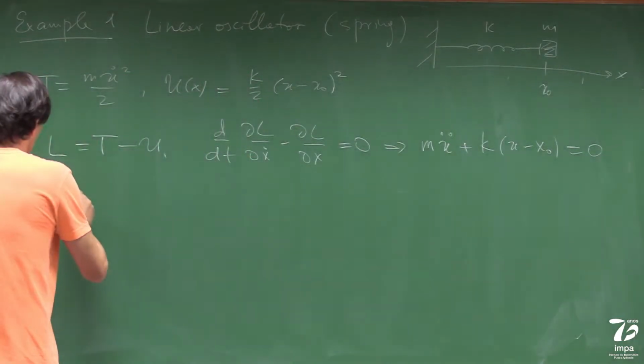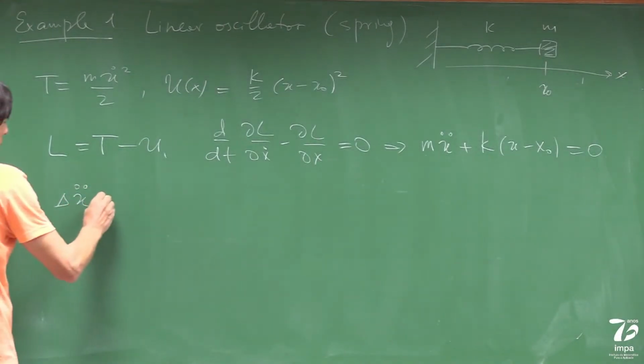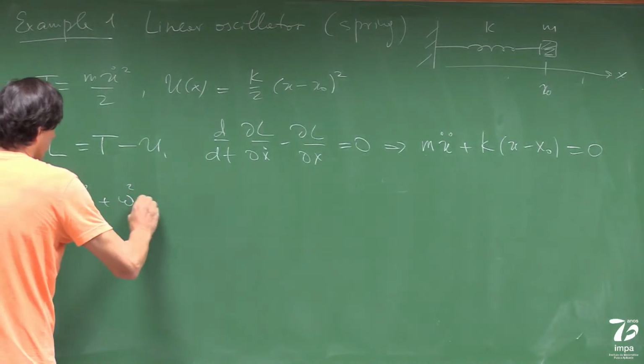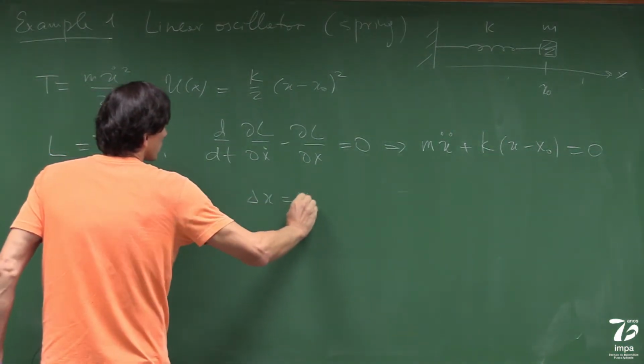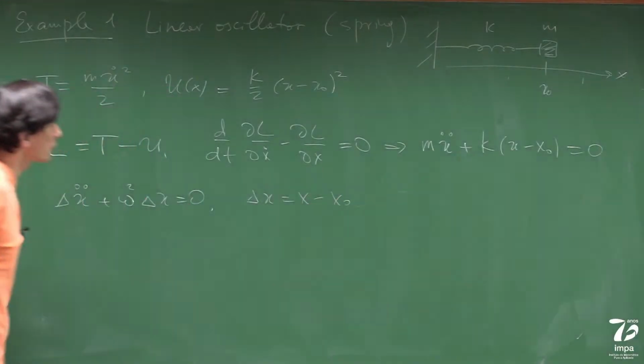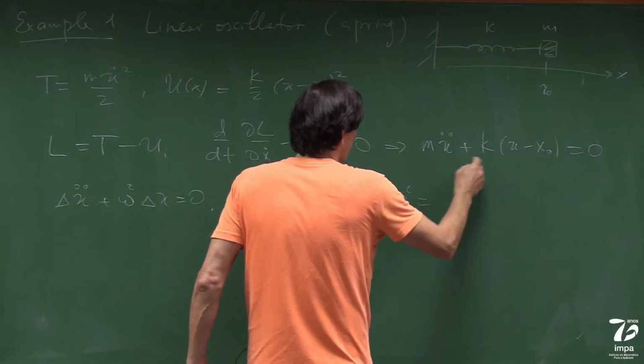Or we can write it as delta x double dot plus omega squared delta x equals 0, where delta x is the distance to equilibrium, and omega squared is k over m.